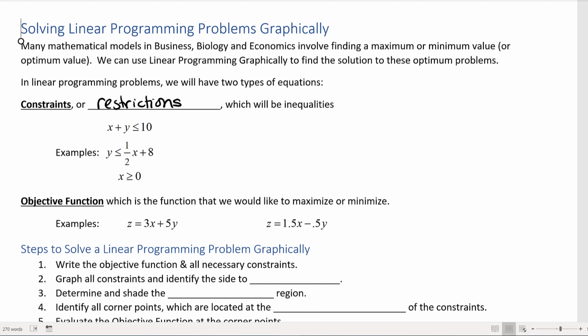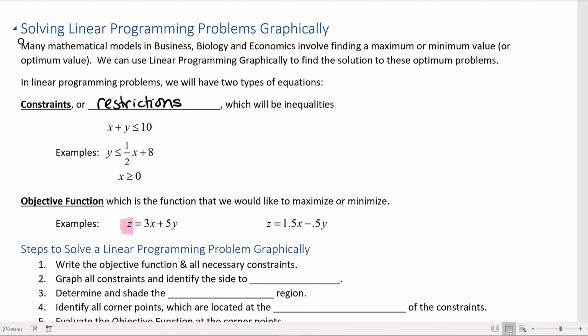The next type of equation is the objective function, which is the function that we would like to maximize or minimize. So this would be like if you're trying to maximize profits or minimize costs. These are things that we often use in economics. Here are some examples. Z is the thing we're trying to maximize or minimize.